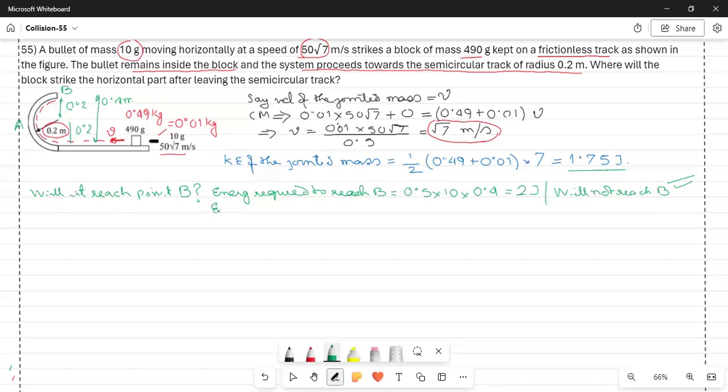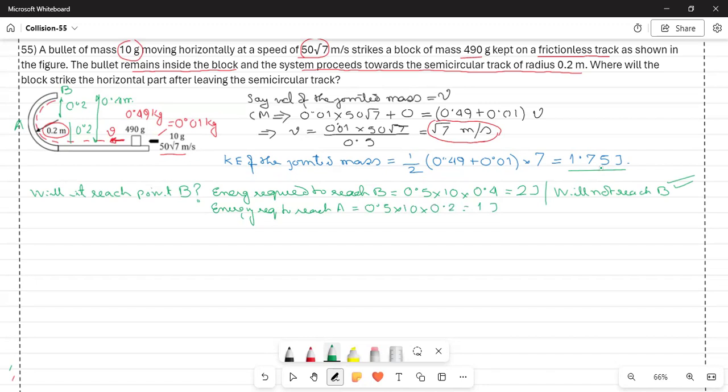Then will it reach A? Energy required to reach A, that means half the way along the semicircle, is 0.5 into 10 into 0.2 equal to 1 joule. And its energy is 1.75 joule.